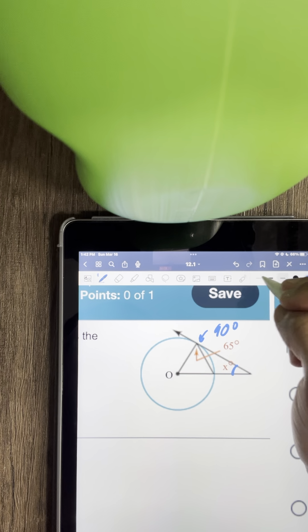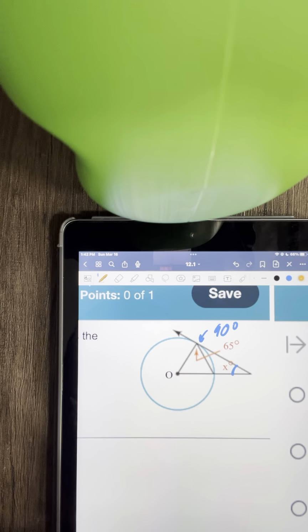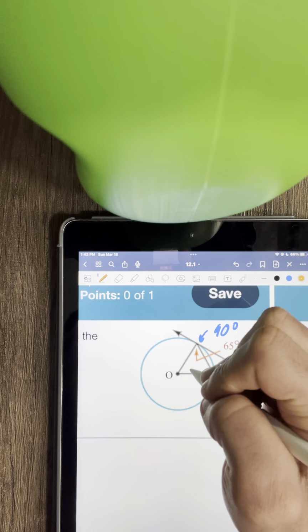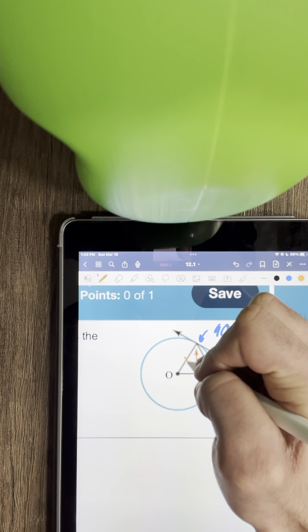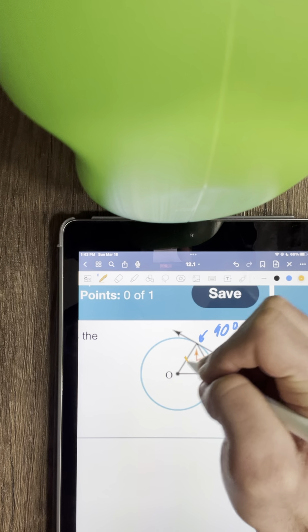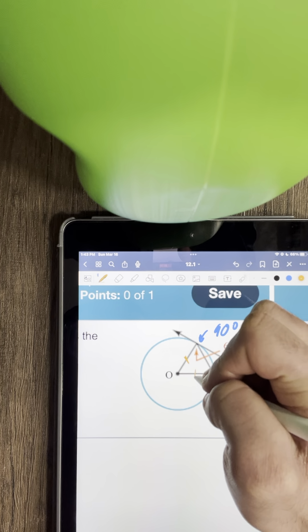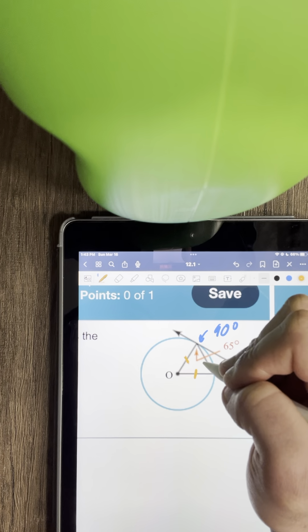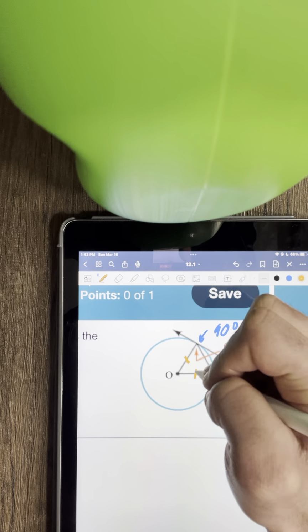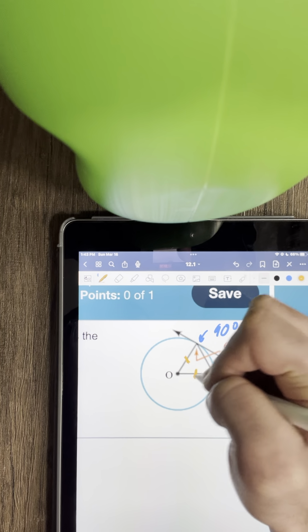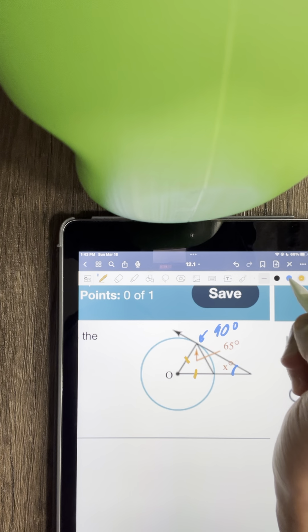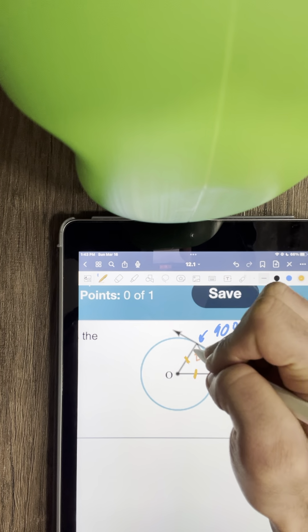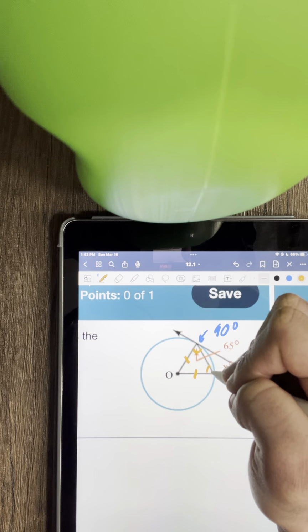So I'm gonna realize that this right here is a radius, right? What else is a radius? This is a radius as well. So if this is a radius and that's a radius, well, doesn't that mean that these both are gonna be the same? And if these both are the same, then that means I can take this 65 because they're base angles, right?